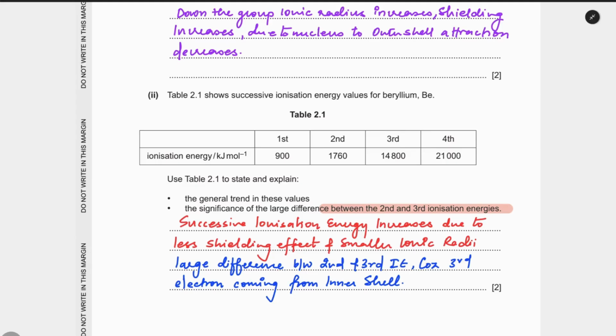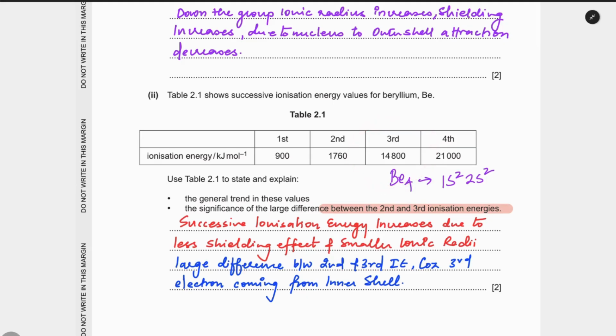Beryllium has atomic number 4, so it is 1s2 2s2. The first electron comes out from the 2s2, and that is 900. The second comes from the same s orbital, 1760. Now the third one will come from the inner shell, and then the fourth.